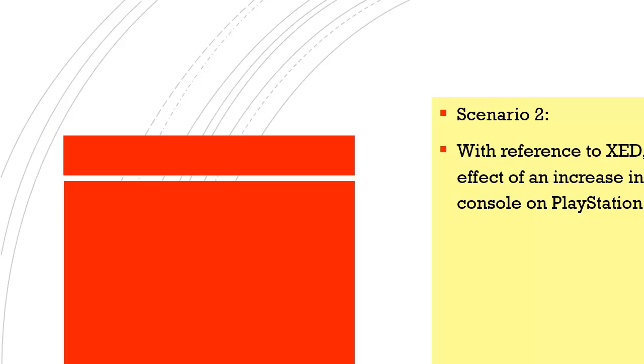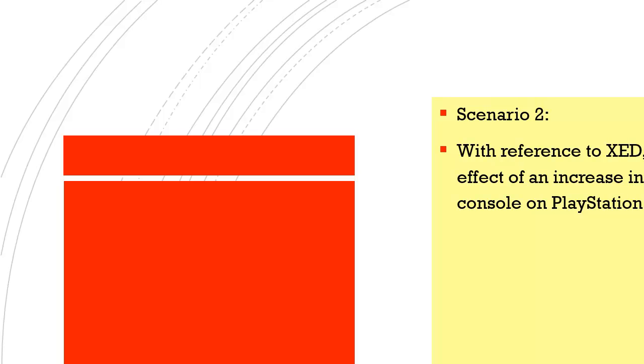Okay, so another scenario. Let's have a look at the possible effect of the increase in the price of PlayStation consoles on the PlayStation controllers. Again, let's recall the main assumption for the analysis here, which is ceteris paribus. With ceteris paribus, we assume that all other factors remain constant.